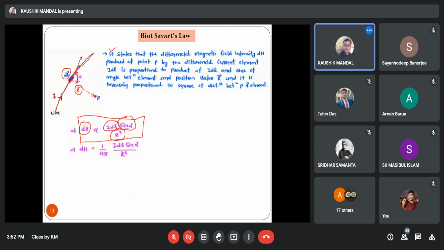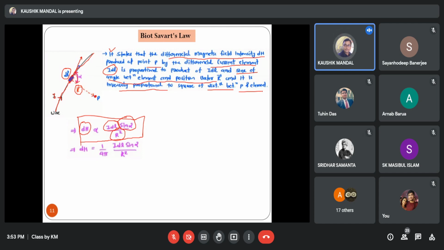So it states that the differential magnetic field intensity dH at an arbitrary point P is proportional to the differential current element I dl, and the sine of the angle between the element and the position vector R, and it is inversely proportional to the square of the distance between P and the element. So that is the statement of Biot-Savart's law.